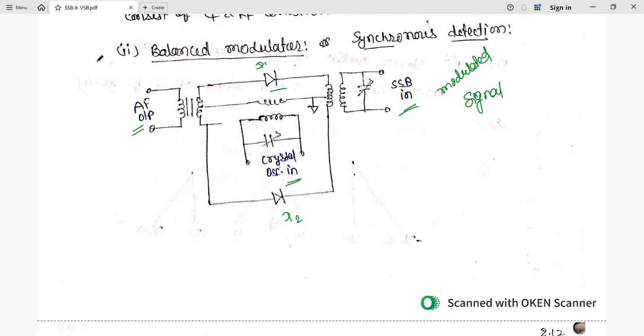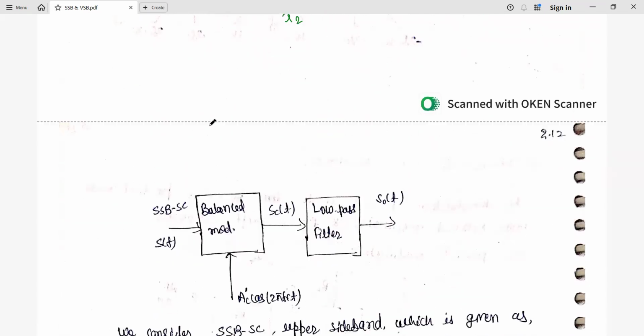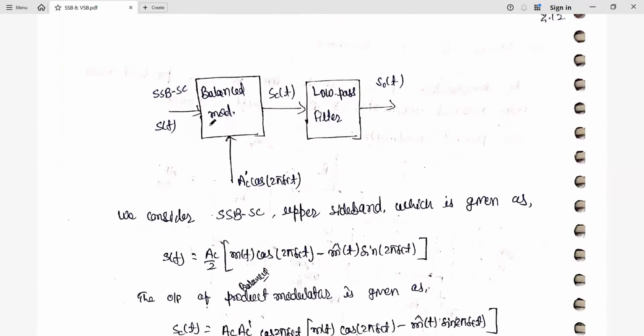This one we are going to see with the help of expressions, in terms of a block diagram. The modulated wave SSB-SC is given to the balance modulator, and here the carrier signal is Ac dash cos 2 pi fc t. We write Ac dash because in the transmission section, where modulation is done, the carrier signal is Ac cos 2 pi fc t.